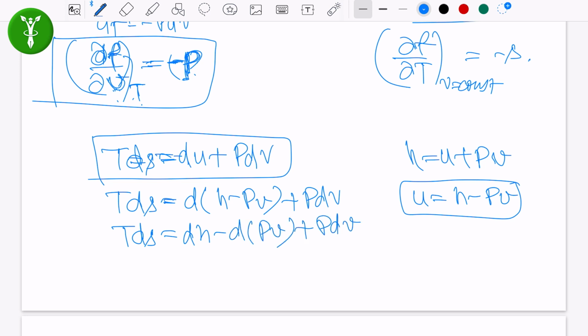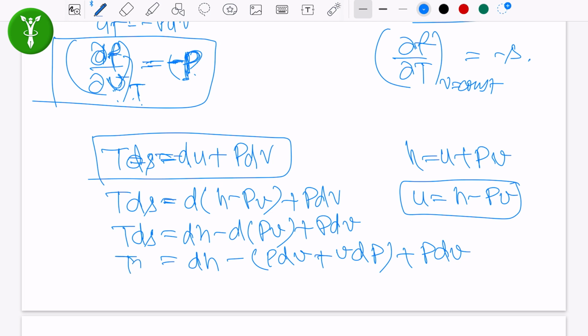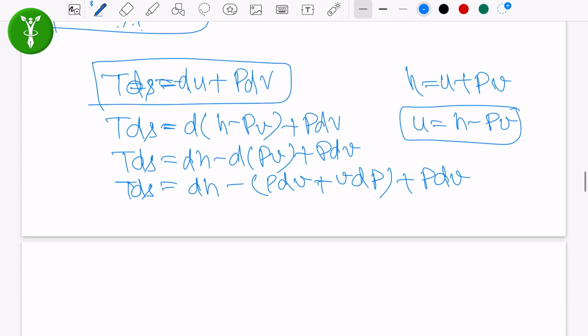You already know what is going to happen. Some terms will be cancelled out. Using the product rule, this will be PdV plus VdP, right? So the PdV terms will cancel out, giving dH minus VdP.